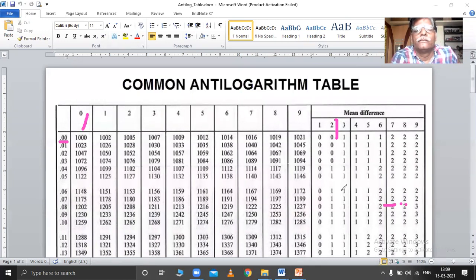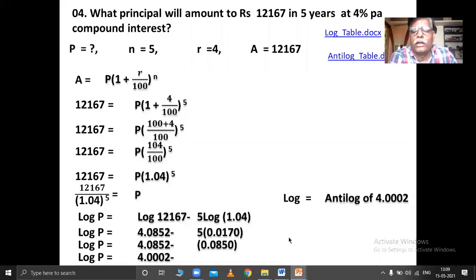What is the number? 1000 plus 0 is equal to 1000. Remember this. 1000 is the value. So P is equal to 1000.